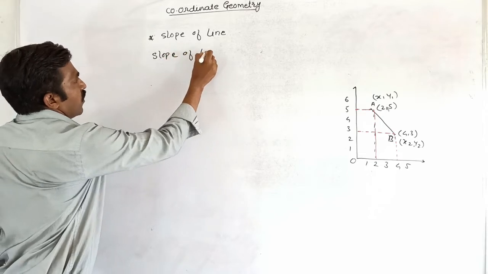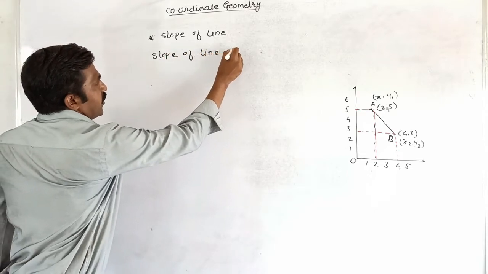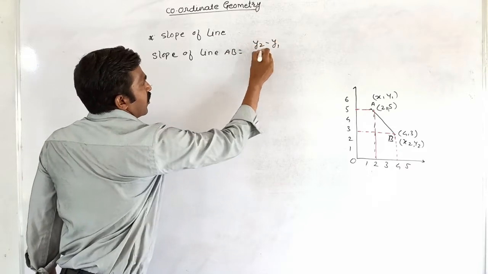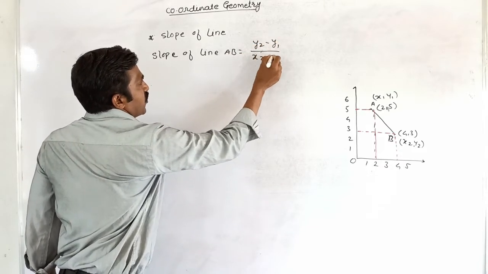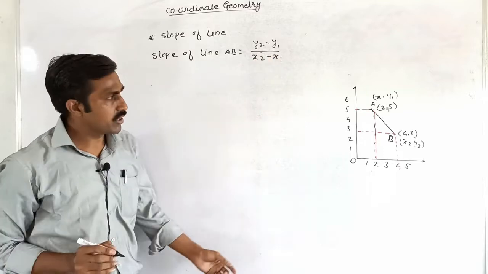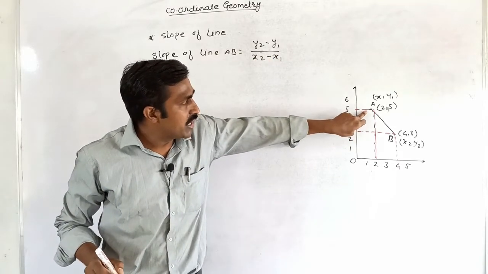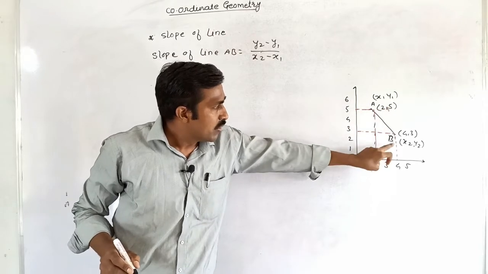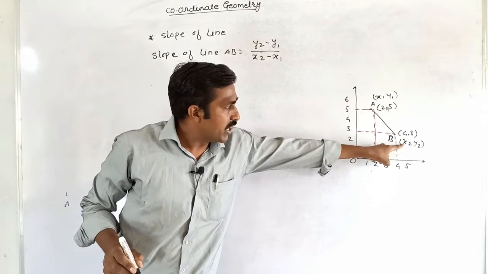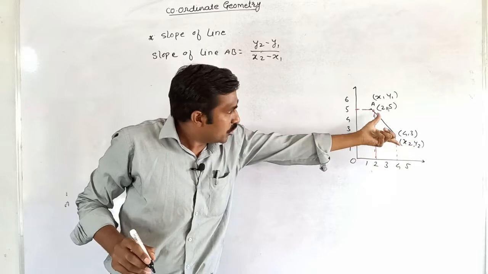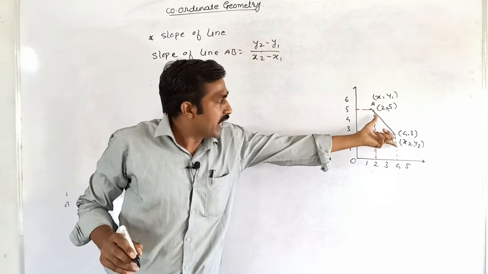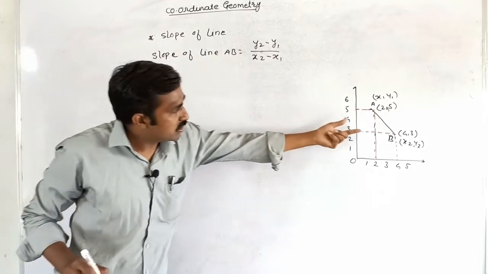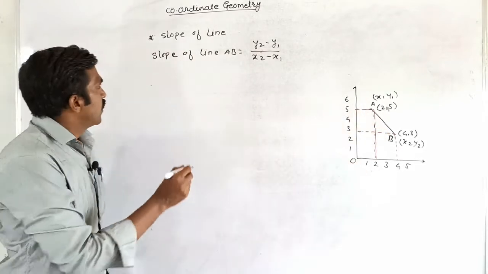The slope of line AB is equal to (y2 minus y1) divided by (x2 minus x1). If the given point A has the values x1 and y1, and point B has the values x2 and y2, put these values here and calculate the slope of AB.